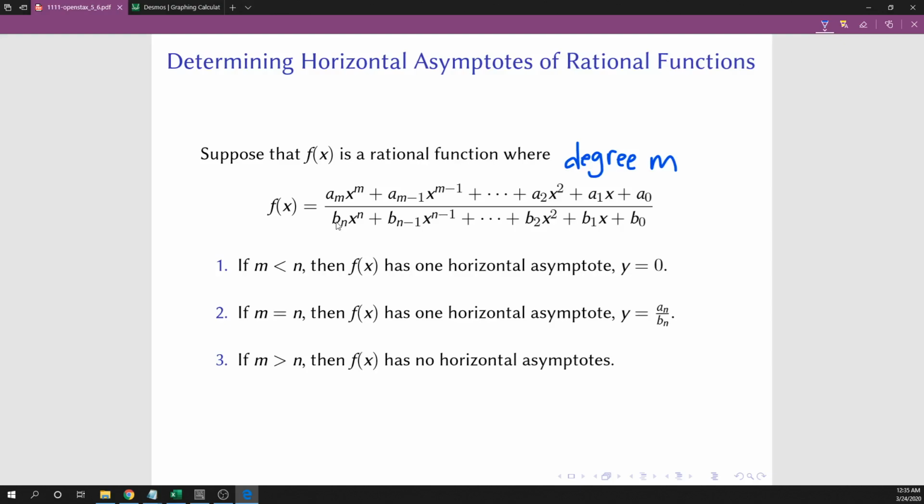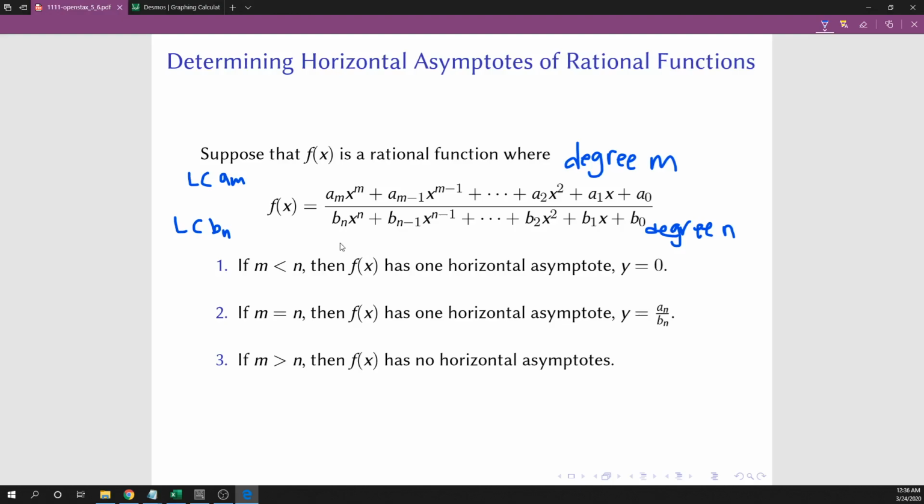On the bottom, the degree is n, the highest power of x. The leading coefficient on the top is a sub m, and the leading coefficient on the bottom is b sub n. Those are just the numbers out in front of the highest power.